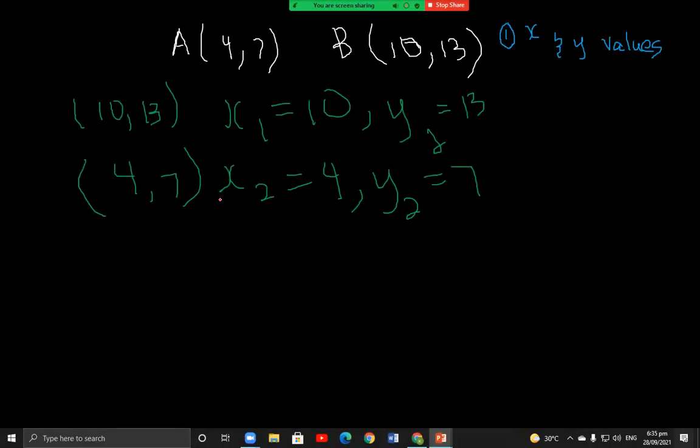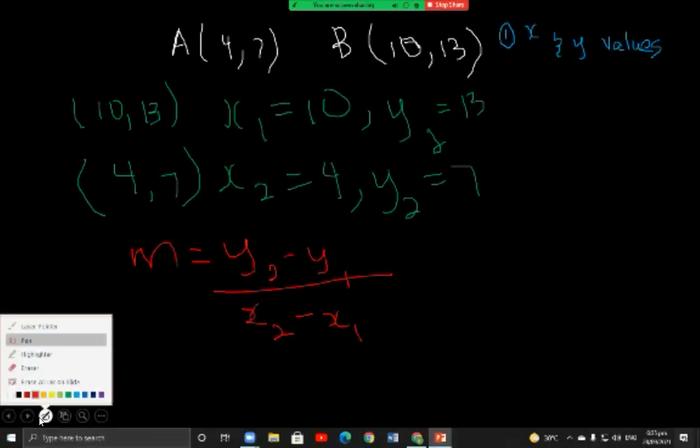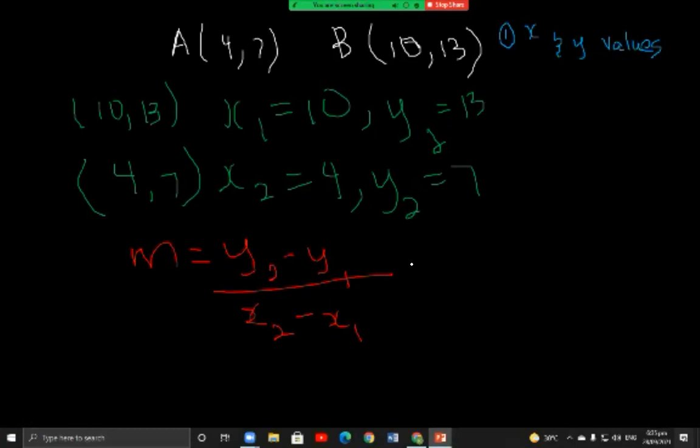My next step is to use the gradient formula to find the gradient. So that's y2 minus y1 over x2 minus x1. In this case, instead of saying 13 minus 7, my y2 is now 7.